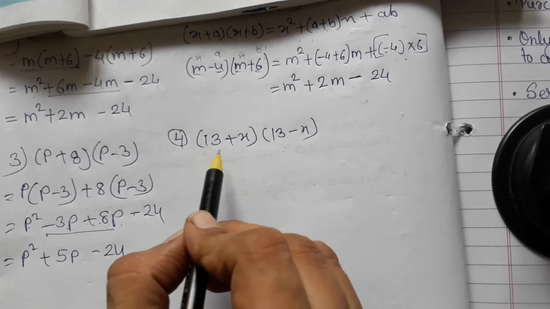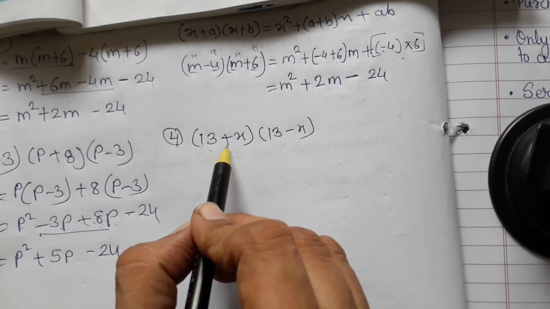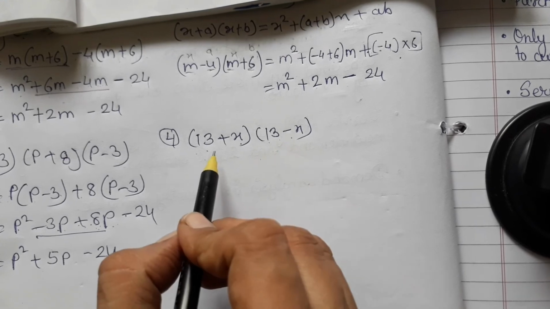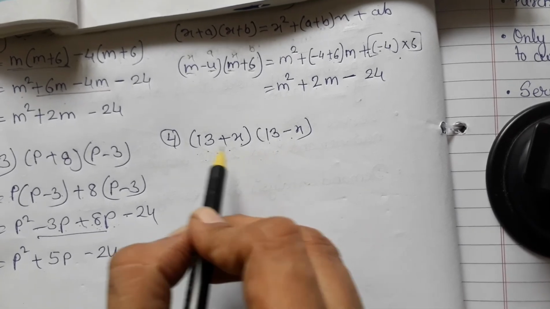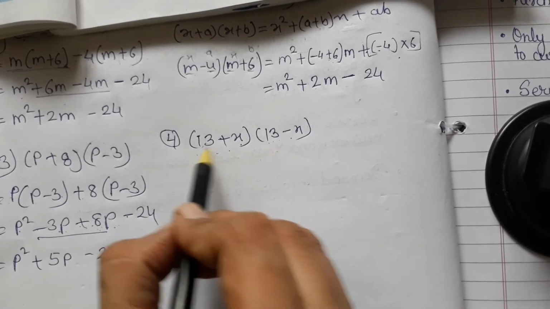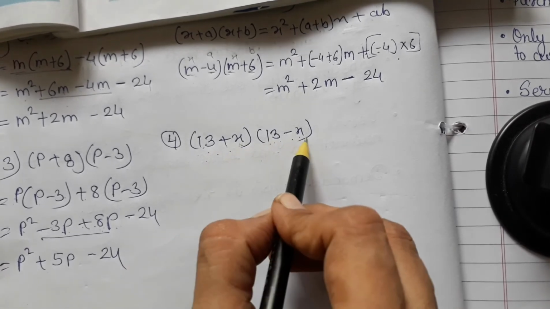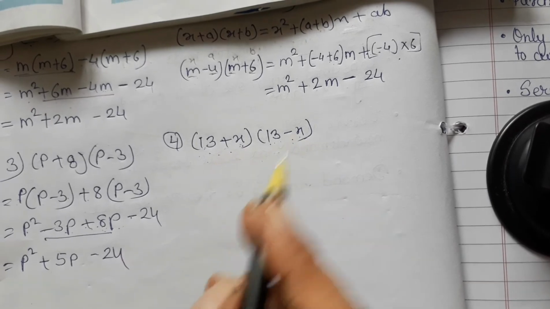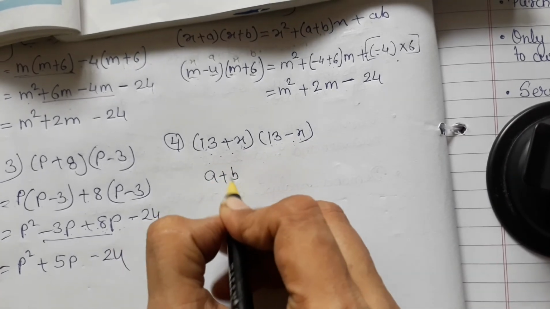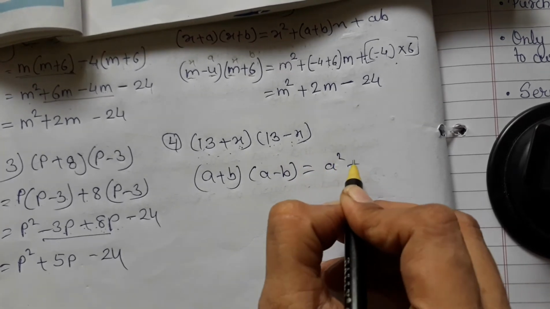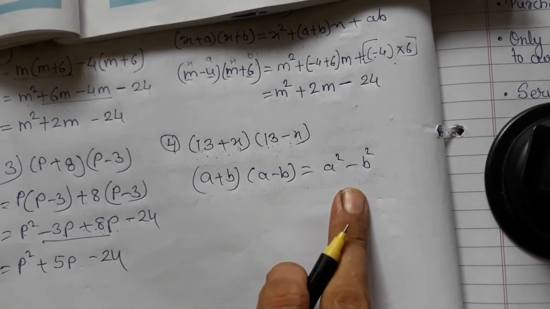Question number 4, (13 plus x)(13 minus x). Children, if you see this sum, the first terms of both the binomials are the same and the second terms of both binomials are the same. If you remember, there is a formula: (a plus b)(a minus b) is equal to a square minus b square.